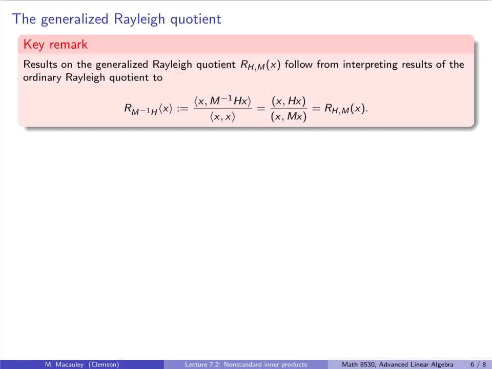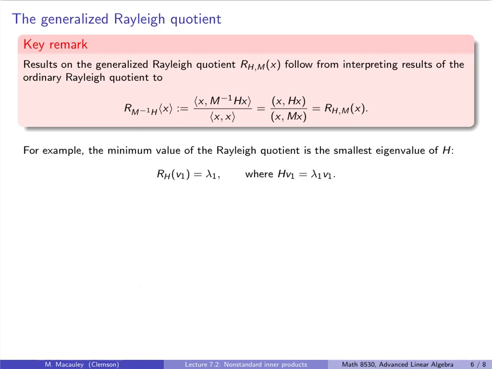Otherwise, this is really going to come out of left field. So once again, this is just the definition. I'm writing it up here for reference for what I'm going to show you next. The minimum value of the Rayleigh quotient is the smallest eigenvalue. So for the standard Rayleigh quotient, it's lambda 1, where Hv1 equals lambda 1 v1.